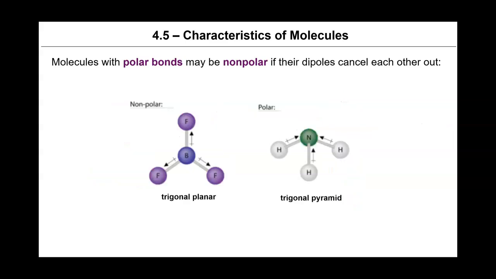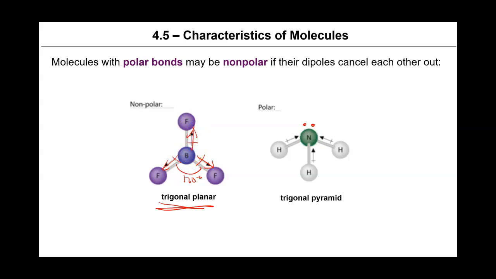Let's look at a few molecules where we have three things attached to the central atom. I'm just going to put this lone pair here on this ammonia molecule. So BF3 has the trigonal planar geometry. It's flat and there's a bond angle in here of 120 degrees. Now you can see that the boron is less electronegative than fluorine, so electrons are being pulled towards the fluorine in each case.